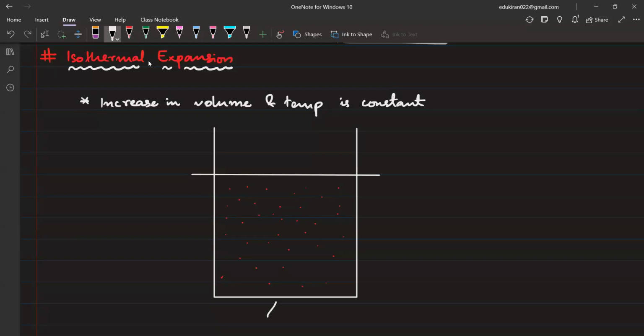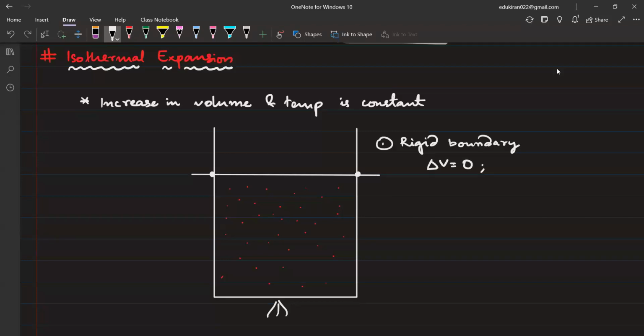If we are going to heat it, then a few things can happen. First of all, if it is fixed, that means there will be no change in volume. I am explaining this case properly, there is no need to write. In the first case, if you have a rigid boundary, then delta V will be equal to 0.